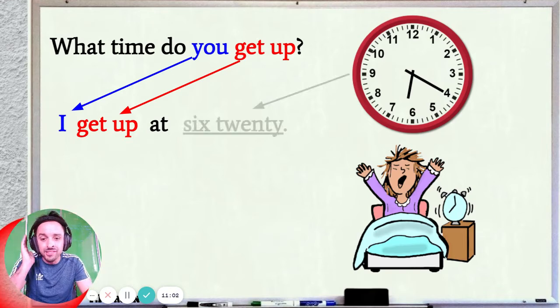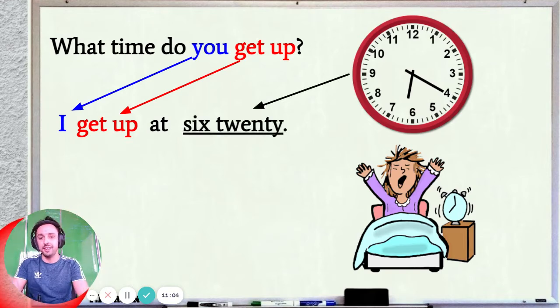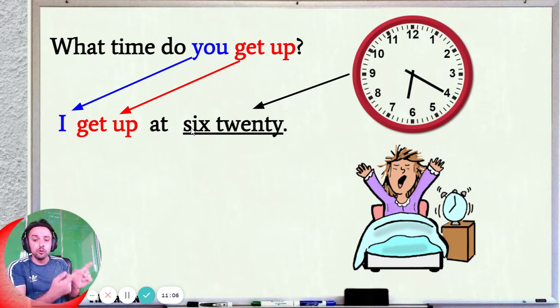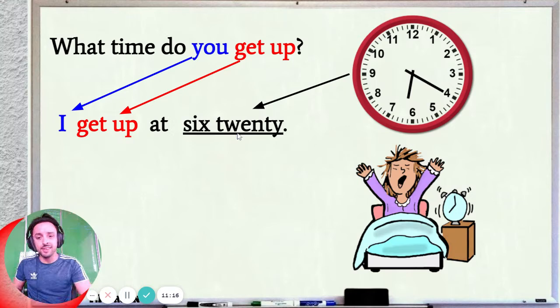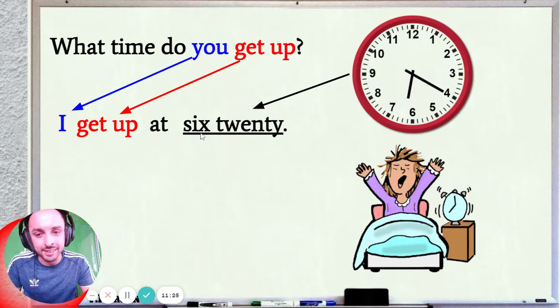So the time is 6:20. What time do you get up? The answer, I get up at 6:20. So it's the pronoun I, the verb get up, at, and then the time 6:20.